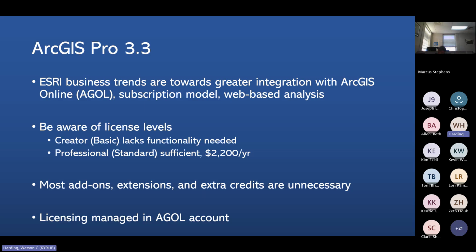I think they advertise the creator or a basic license at $700 a year, but when you actually read about what you can do with that license, it's not sufficient for what most people working with 911 data need to be able to do with editing and maintaining data.